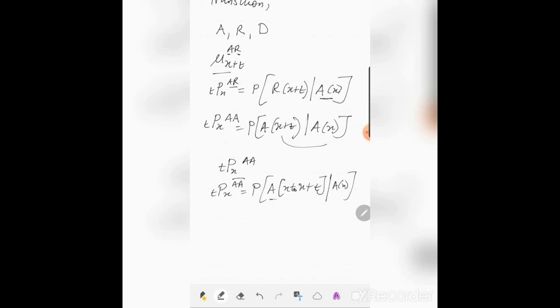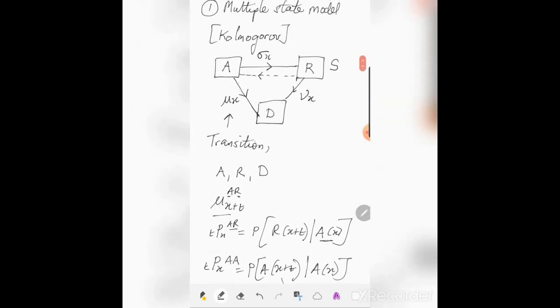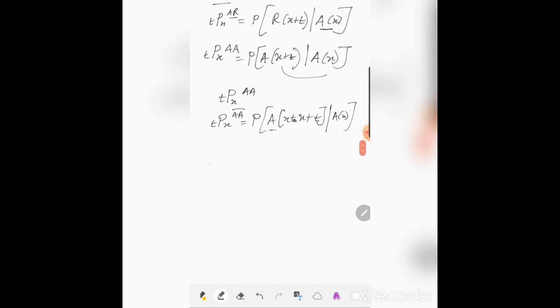So if return to this particular state is impossible, once I leave this state and can't come back, in that case I can very well say that tPx AA is the same as tPx AA bar.